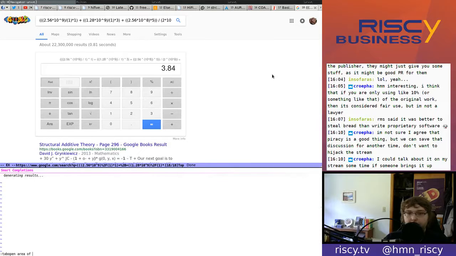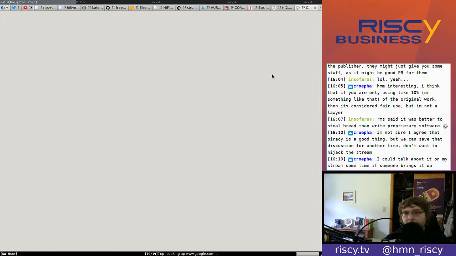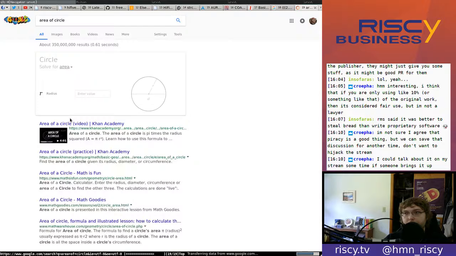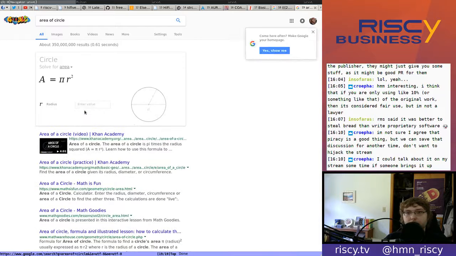Area of circle. Yeah, the area is pi r squared. So we have the diameter. If we take half the diameter squared times pi, that would give us the area.